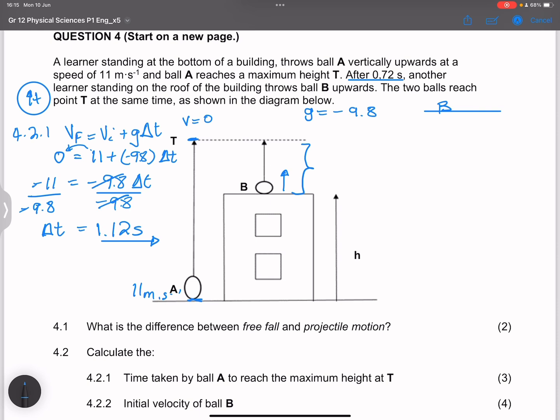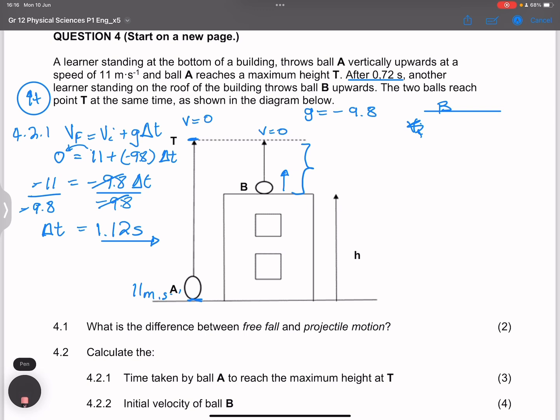And now we're looking for the initial velocity. We know its final velocity at this stage will be 0, okay? So again, the very same equation. So for 4.2.2 rather, I know that I'm going to say VF.